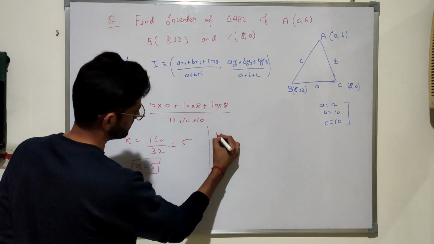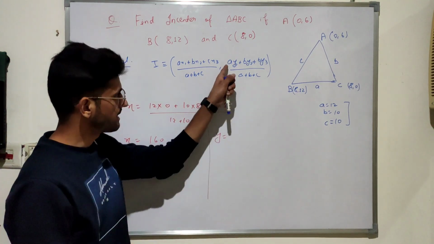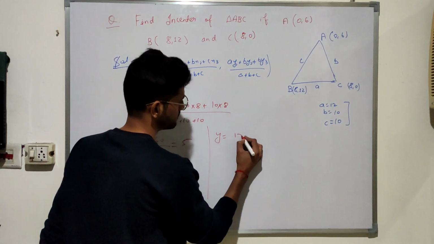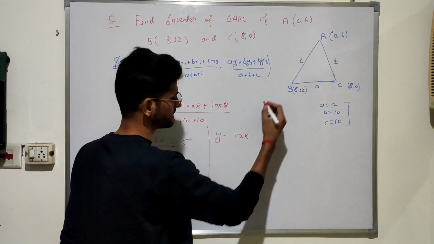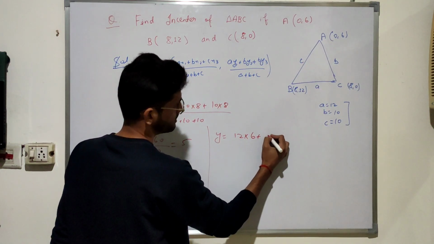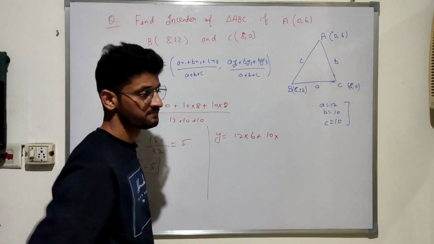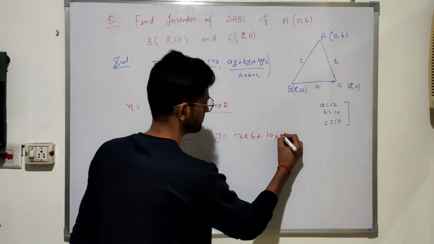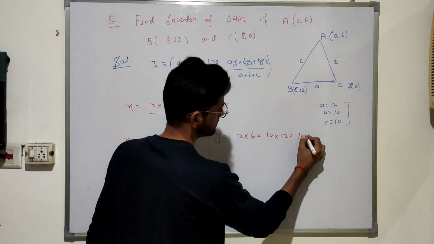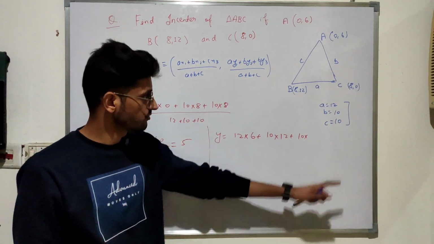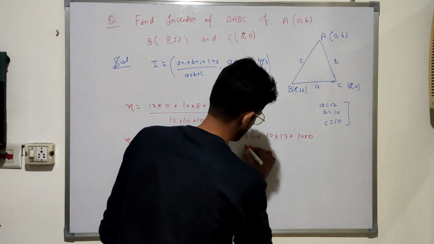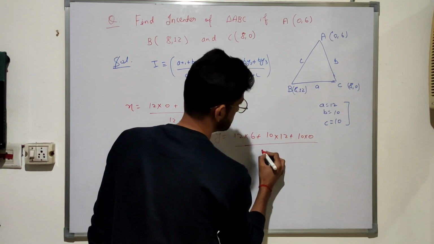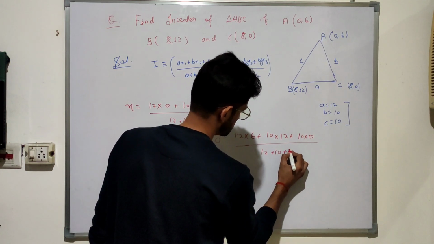Similarly, we can write y as a multiplied by y1. So a is 12, y1 is the y coordinate of point A, that is 6, plus b is 10, y2 is the y coordinate of point B, that is 12, plus c is 10, y3 is the y coordinate of point C, that is 0, divided by a plus b plus c, that is 12 plus 10 plus 10.